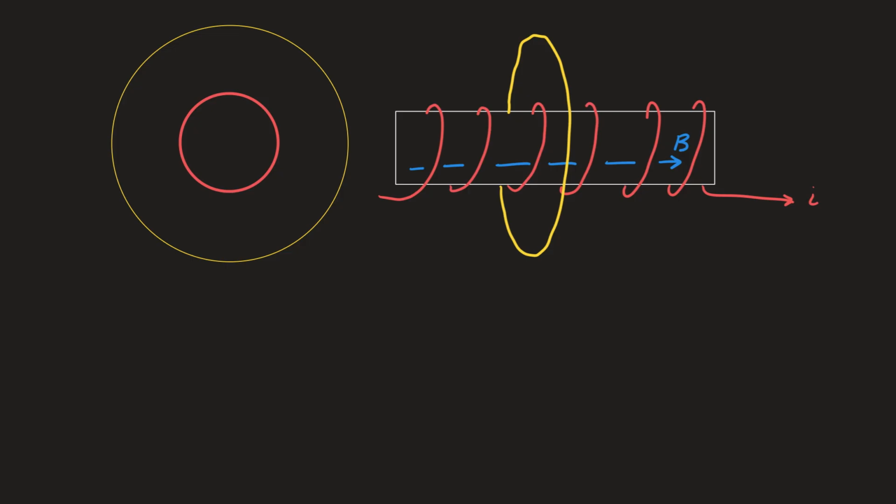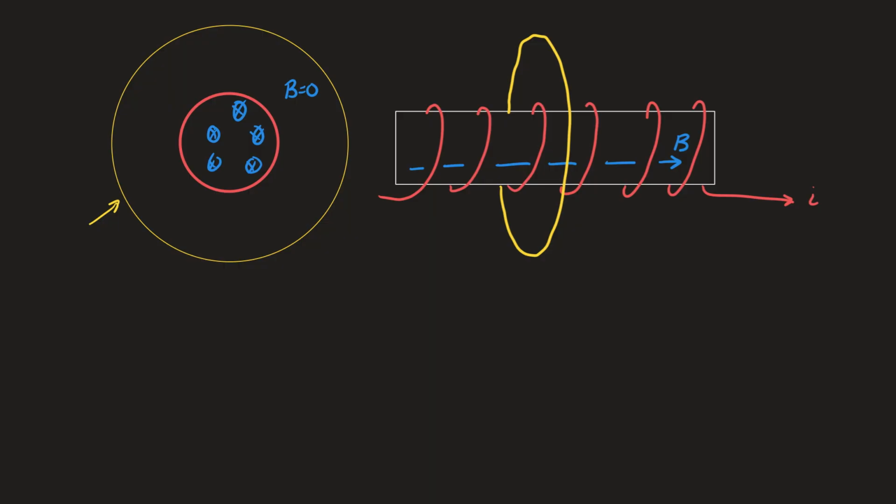Because there's a magnetic field inside the region of space where the solenoid is. That magnetic field only fills the space where the solenoid is. The magnetic field outside is 0. But this loop of wire still has a magnetic flux passing inside of it.